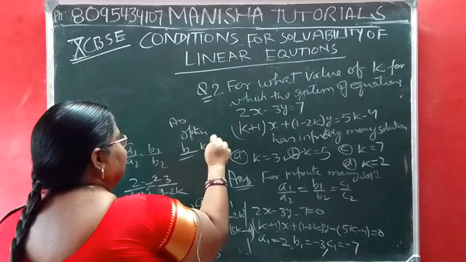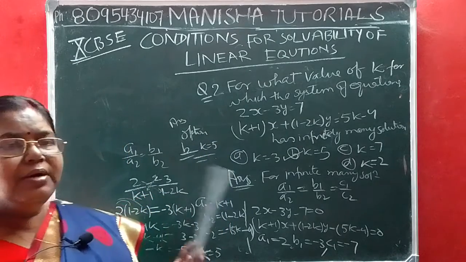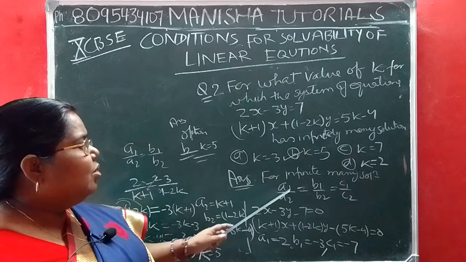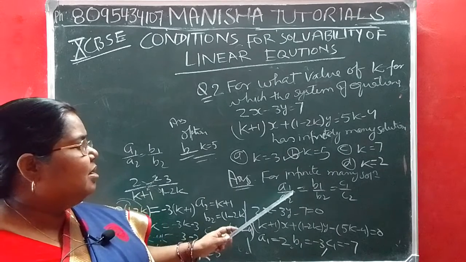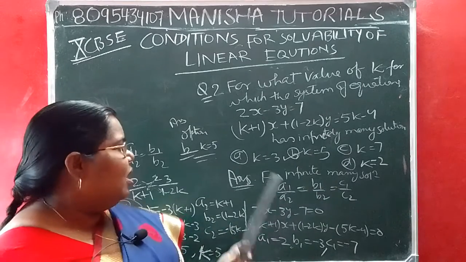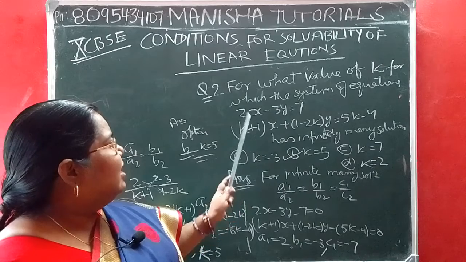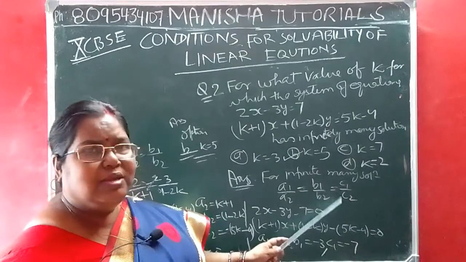K equals 5. How to solve? Keep the conditions in mind first. For a unique solution, a1 by a2 is not equal to b1 by b2. For infinitely many solutions, a1 by a2 equals b1 by b2 equals c1 by c2. Here we have k everywhere, so we can take b1 by b2 equals c1 by c2 also.